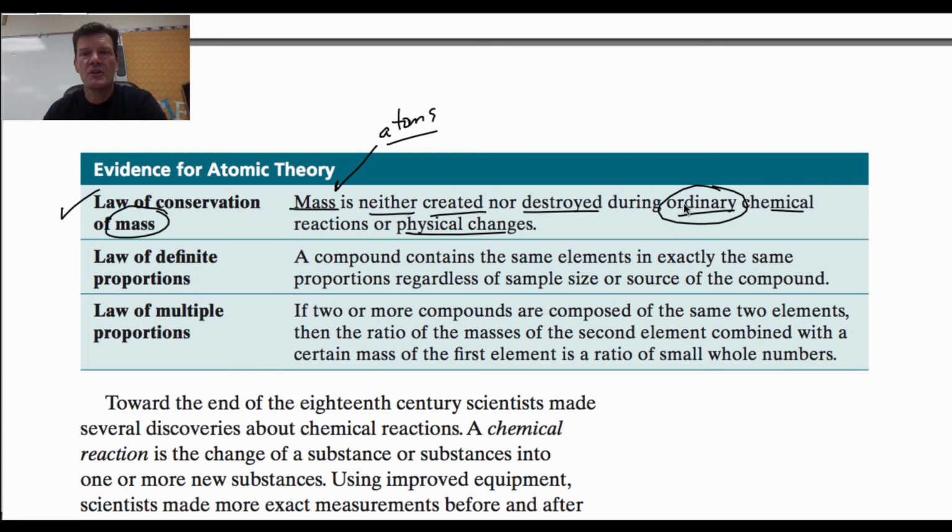But during ordinary chemical reactions, mass is not going to be created or destroyed. The mass before the reaction has to equal the total mass after. And I say total mass here because you would add up all the masses of the reactants, and that would equal all the masses of the products. Okay?